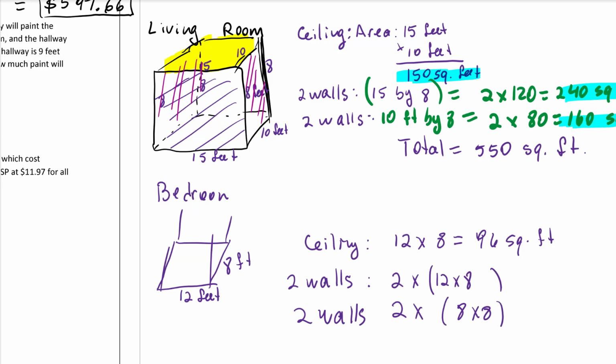It's all going to be an overestimation, but still, that will give us a good approximation. So it's 2 times 96, 192, and 2 times 64, 128. The total is 96 plus 192 plus 128, so it's 416 square feet.